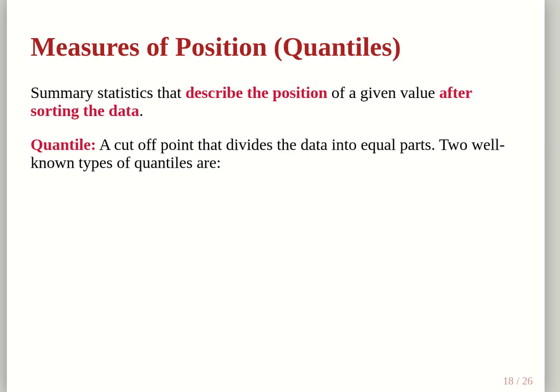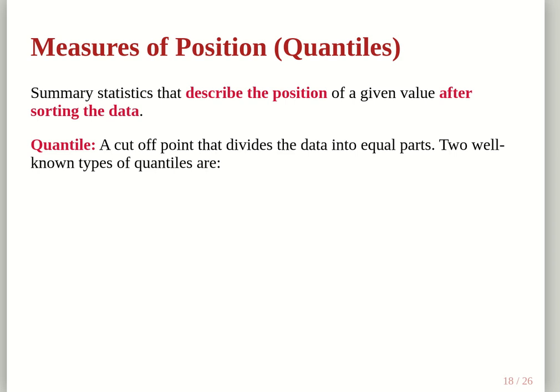Now, the third type of summary statistic we're going to be discussing today is known as measures of position. So measures of position as a type of summary statistics allow us to identify what is the position that a given value takes after we have arranged or sorted all the data we have collected for a given variable. And we're going to specifically talk about quantiles as a type of cutoff point that divides that space.